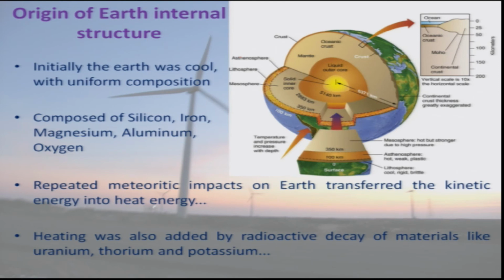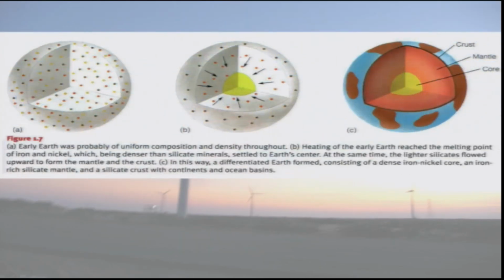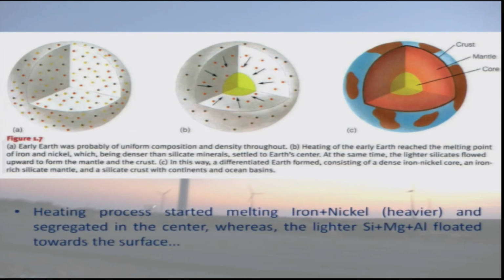Okay. So, later what happened was that because of the heat which was generated, the heavier material, that is iron and nickel, started segregating in the center, and that is one of the reasons why we have the core which is comprised of iron and nickel, and the lighter ones like silica, magnesium and aluminum floated towards the surface.